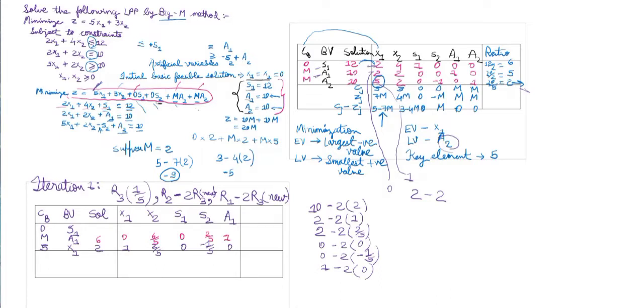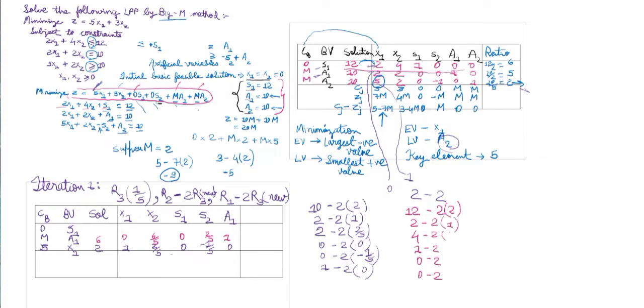And in the same way for the first row, you can write that in rough or you can use a calculator for performing the row operation. So it is 12, 2, 4, 1, 0, 0 minus 2 times 1, 2 by 5, 0, minus 1 by 5 and 0.